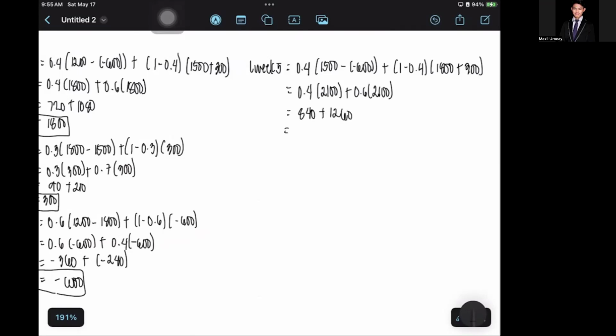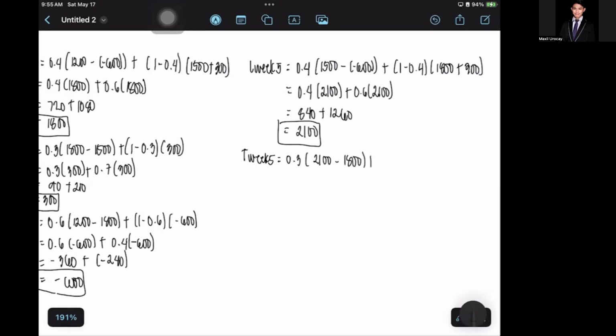Adding that up, it will equate to 2,100. And let's proceed with the week 5 trend. So for week 5, we have 0.3, then the current level, which is 2,100, then the previous level, which is 1,800.